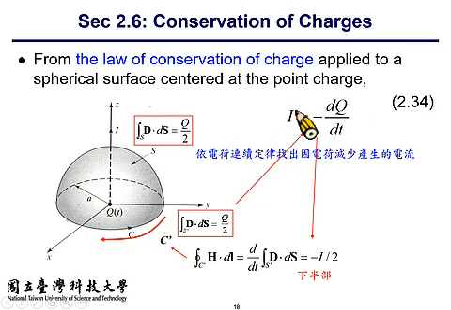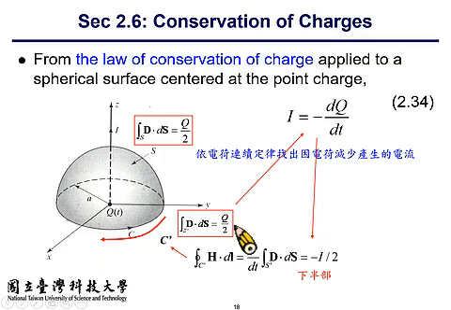So the total current I is equivalent to the negative of the decrease of Q over time. So dq over dt, taking the minus of that, is the total current flowing out of this region.